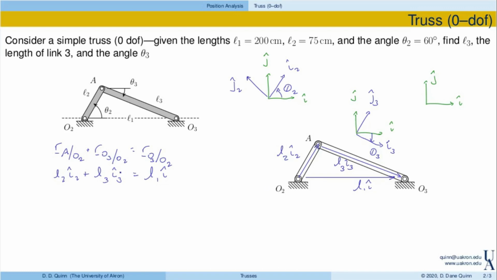So here's our loop closure equation. This is a vector equation. It's got two scalar components, and we'll identify those by taking the components in the horizontal, or the I direction, and the vertical direction, or the J direction. In order to do that, we need to relate our directions one to another.